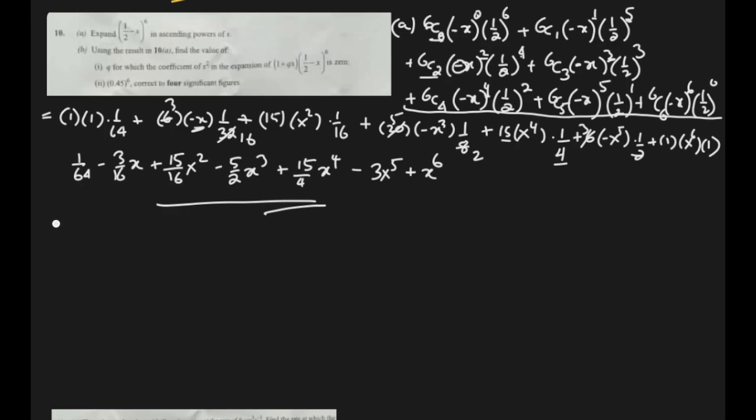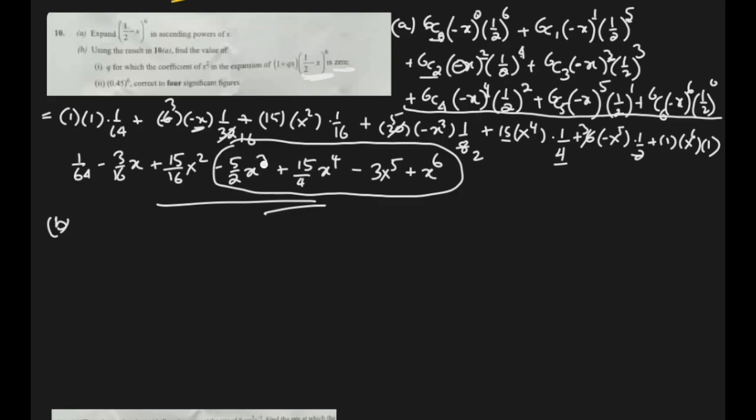Now, part B says, using the result in part A, find the value of q for which the coefficient of x square is 0. If I expand this one, the later one, I will get these 7 terms, right? But the terms from here till here will never give me any x square because the other one does not have any negative power.